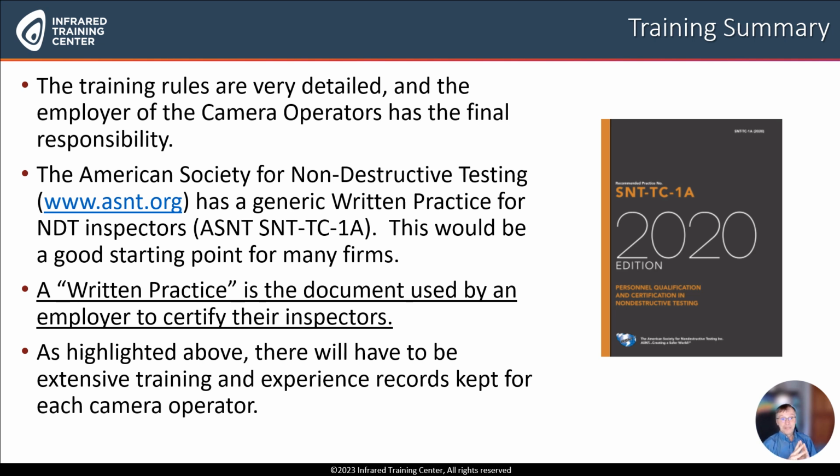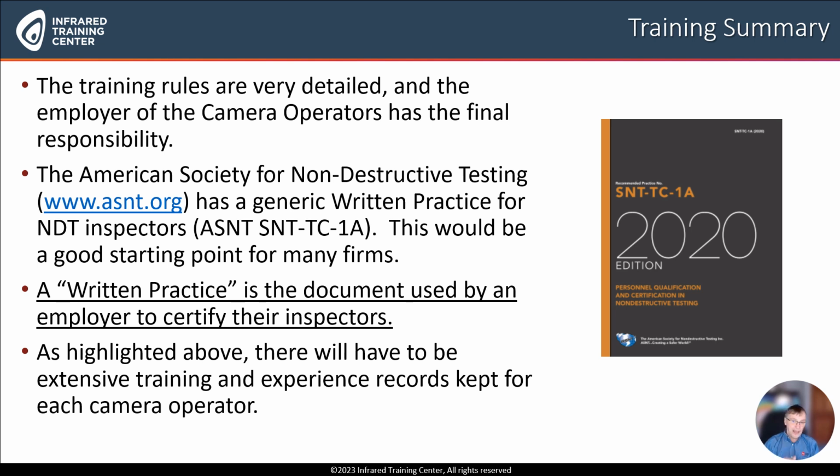Now, the American Society for Non-Destructive Testing, ASNT.org, has a generic written practice for non-destructive test inspectors. It's called ASNT SNT-TC-1A, and that is a great starting point for many firms and individuals. This is a written practice. A written practice is the document used by an employer to certify their inspectors.